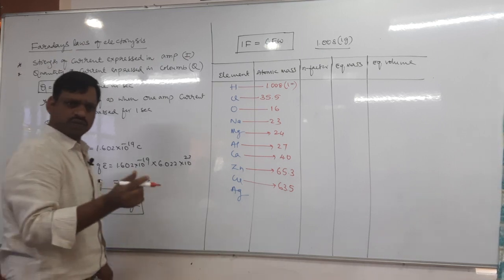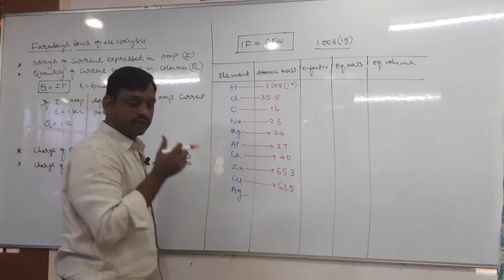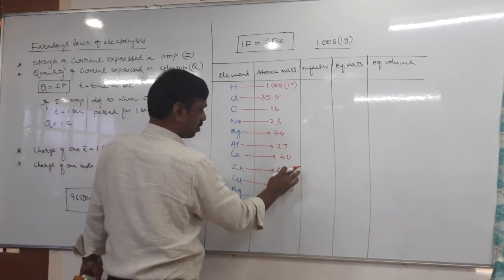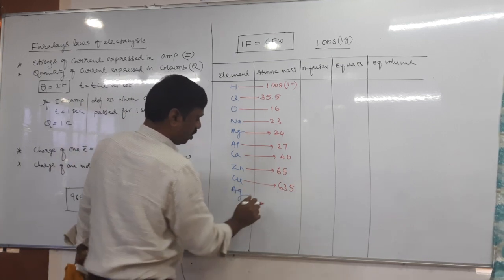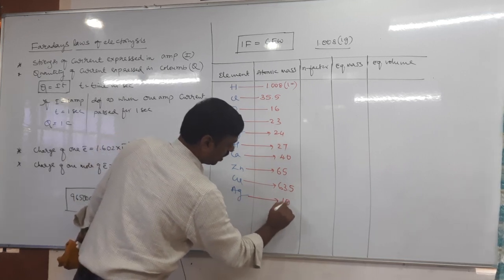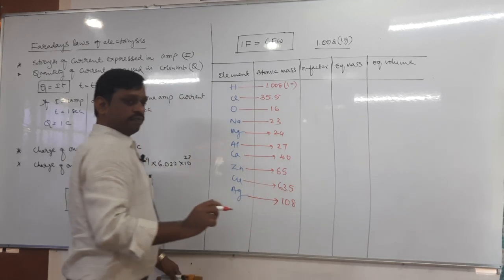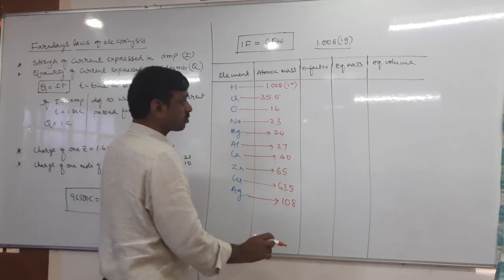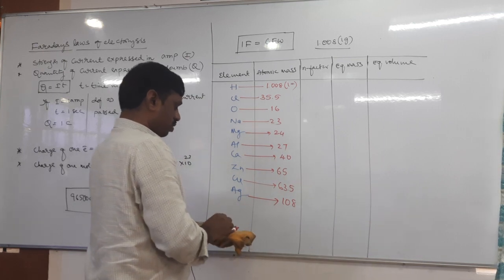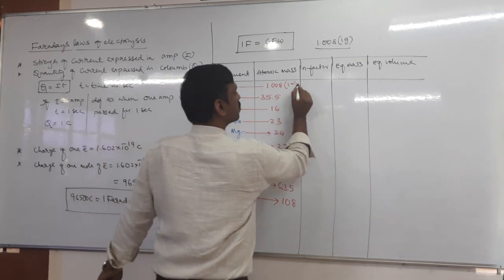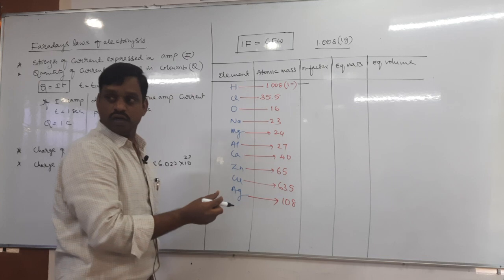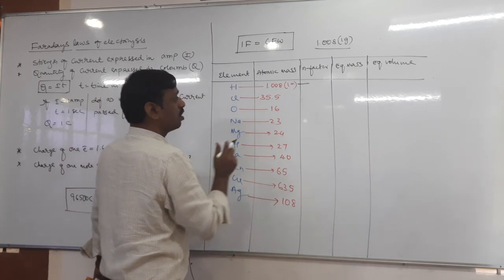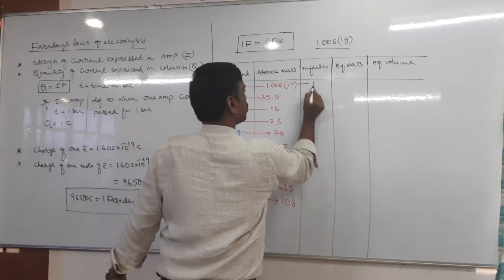I have given the atomic mass, no? Let me check once. Next, silver is 108. Copper is 63.5, and zinc is 65 only. Okay, fine.